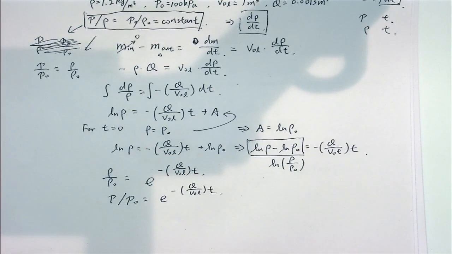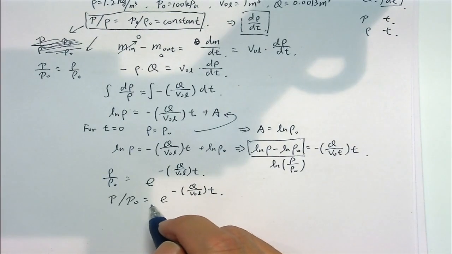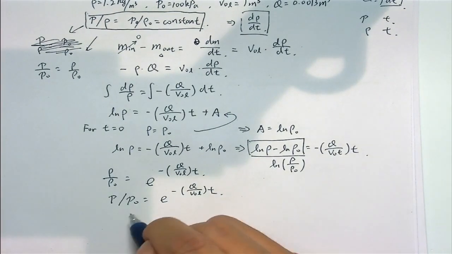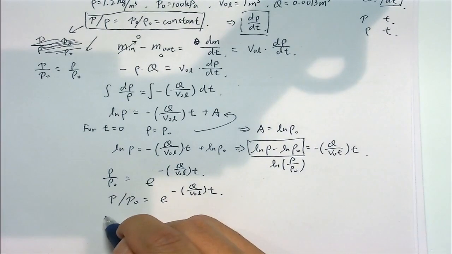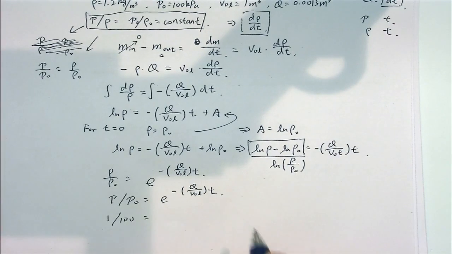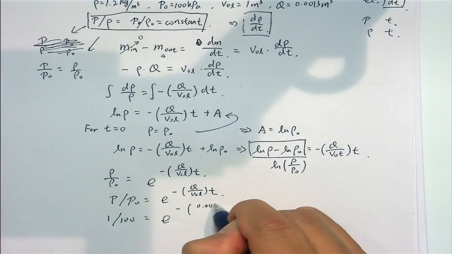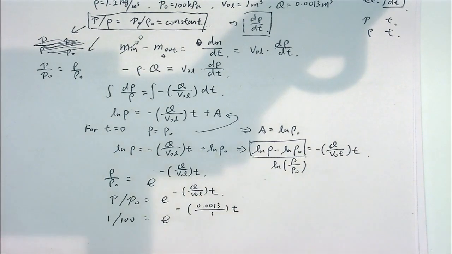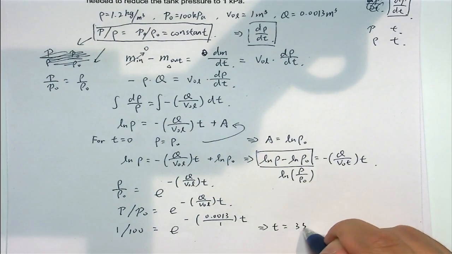And now we know the P is 1000 Pascal. We just put it in. So the initial one is 100. So it is 1 over 100 equal to e to the minus 3 over 1 t. And then we got t is 40 seconds.